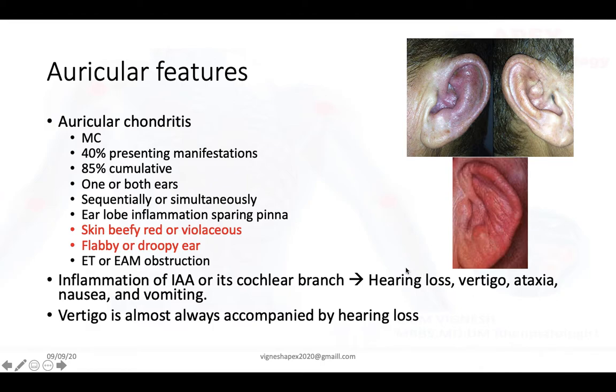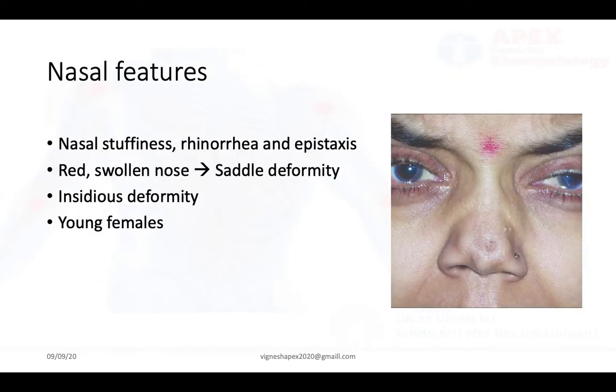So either the hearing system is affected, or the vestibular system is affected. Vertigo is almost always accompanied by hearing loss because it is vasculitis of the cochlea. So both vestibular and hearing systems would be affected. So patients would be having symptoms of either. Okay, but the most common presentation is going to be just auricular chondritis, right?